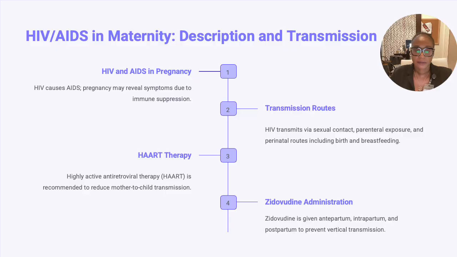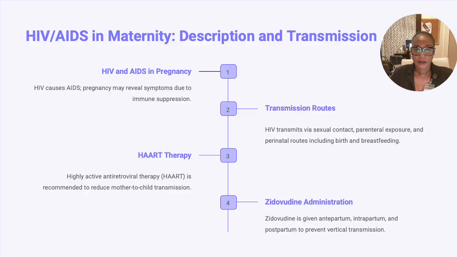Antepartum, which is before birth, beginning after 12 weeks of gestation, maternal HAART is given to reduce the viral load to undetectable. And as I mentioned before, HAART stands for highly active antiretroviral therapy that is given to reduce the mother to child transmission.